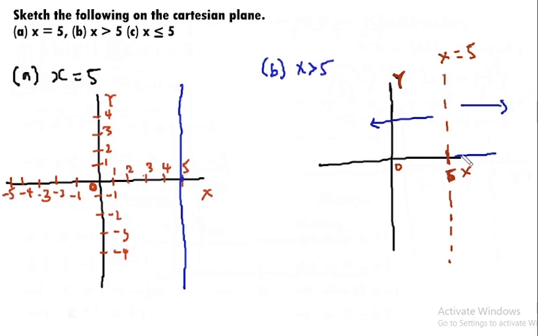So if we pick any point after the line, let's say we pick this point here, and this point is say 6, 0. So for the value of x that goes to 6 here. So if x is equal to 6 in this case, x will be greater than 5. Whatever points we pick on this part of this line, x will be greater than 5.